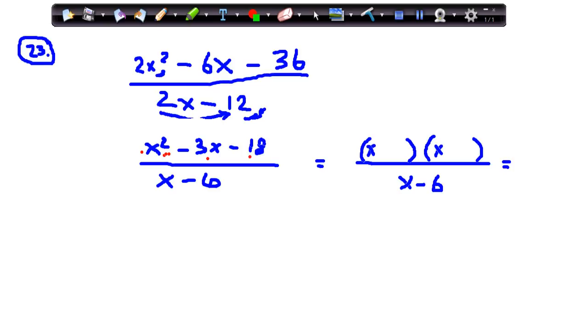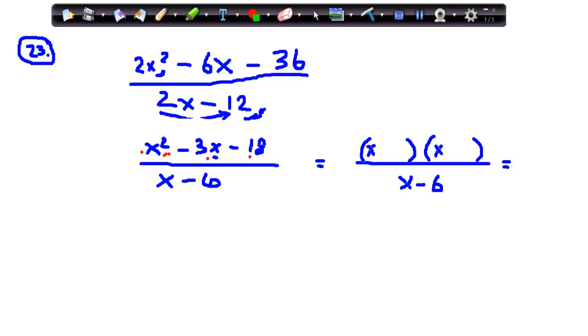All right, so then we come back and we're going to factor the middle term. So how do we do that? Well, what you're going to do is this. You're going to find two numbers that, added together, give you the middle term, which is a negative 3x.